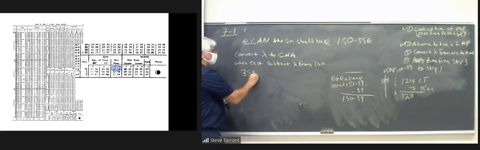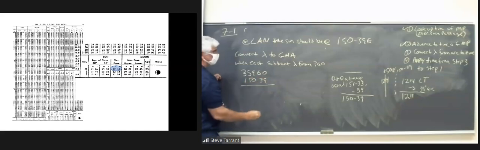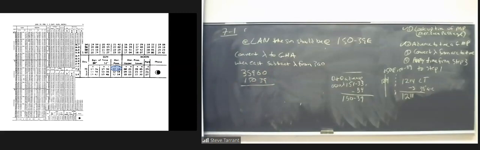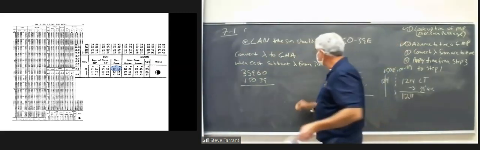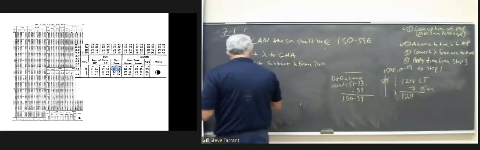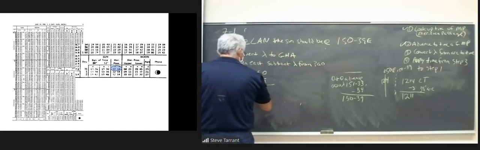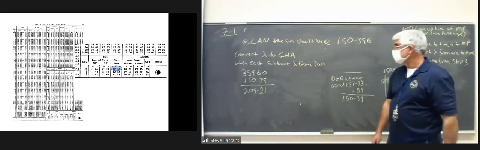So that's 359:60 minus 150:39. What is that? That's 209:21.